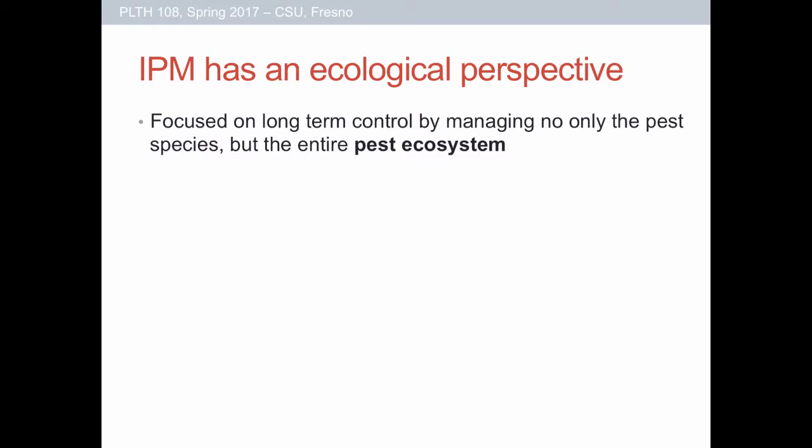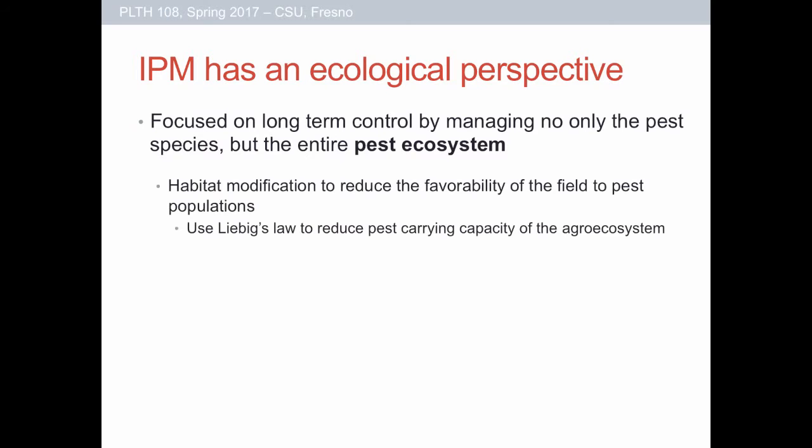So IPM has an ecological perspective, sort of that ecosystem-based scribble on the board over there. Essentially, the idea is that we're focused on long-term control by not just managing the pest species specifically, but by managing the entire ecosystem. We want to manipulate fields in such a way that they provide the maximum control.